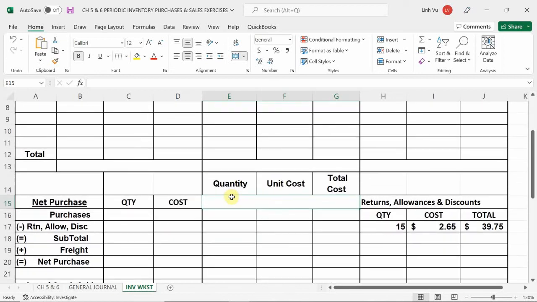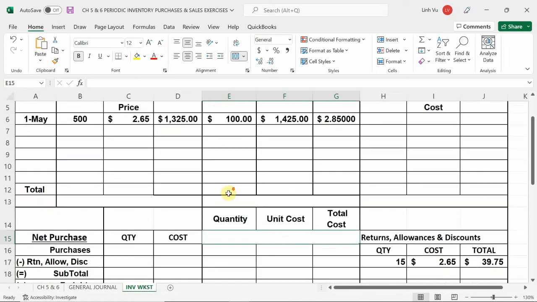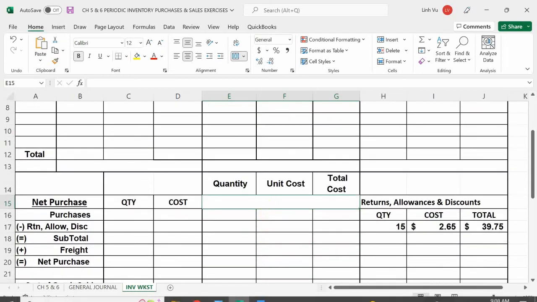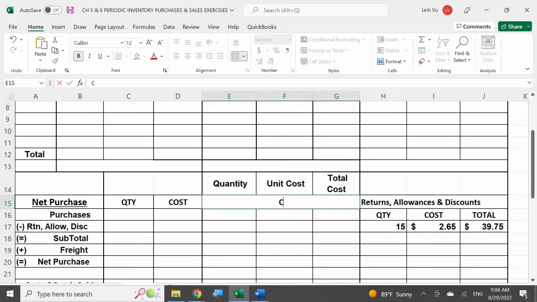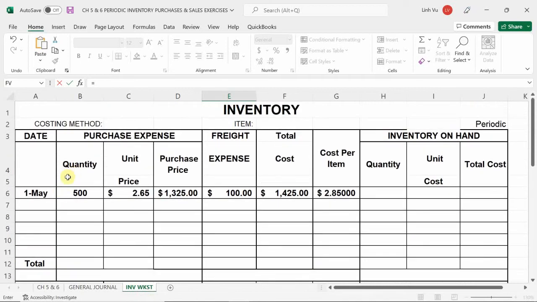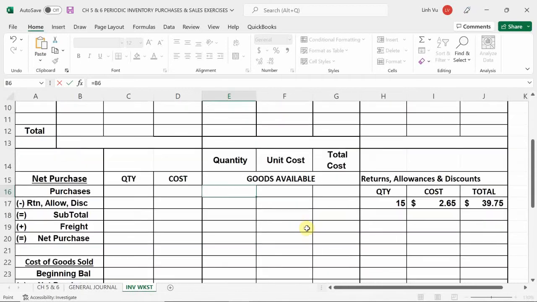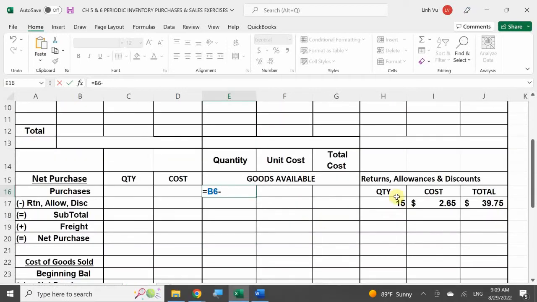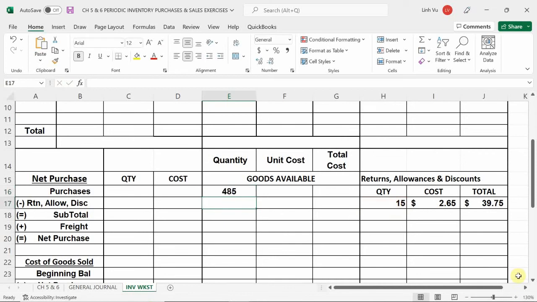I no longer have 500 units available. For my first batch of inventory I purchased 500, but I ended up returning 15 of them. So I should now have 485.